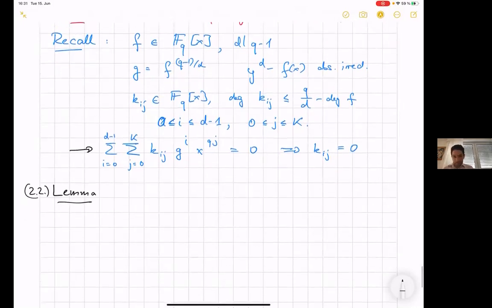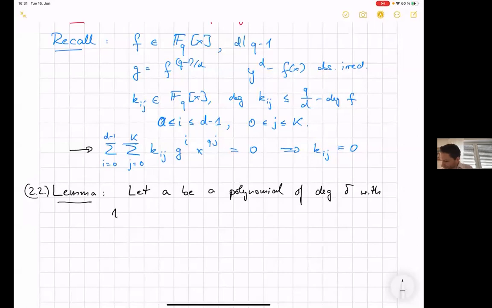And now we come to the key lemma of today, and that's really the polynomial method in action. I write it in the general form that I need later. Let A be a polynomial of degree delta with 1 less than delta less than d minus 1. We keep the notation from above.